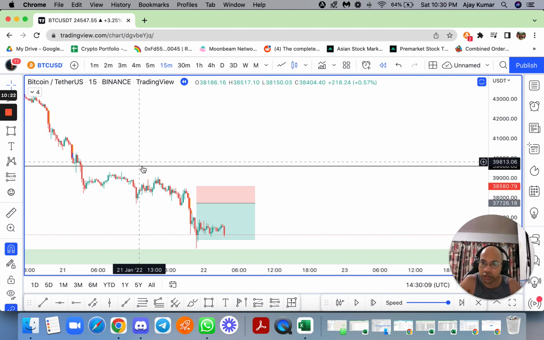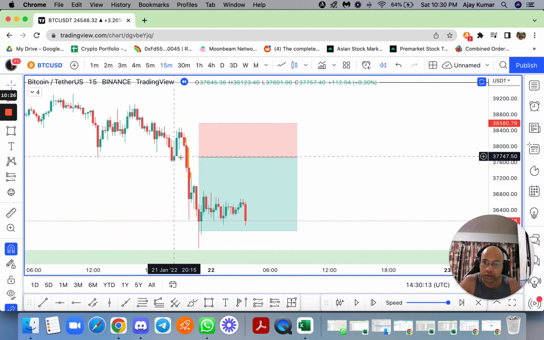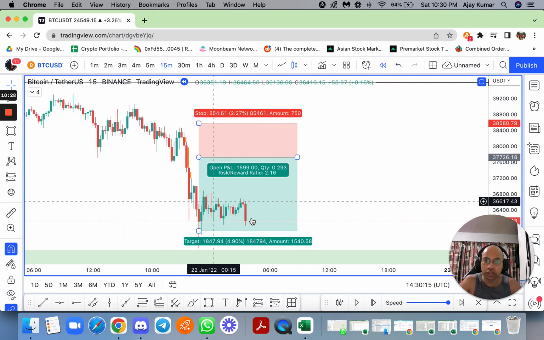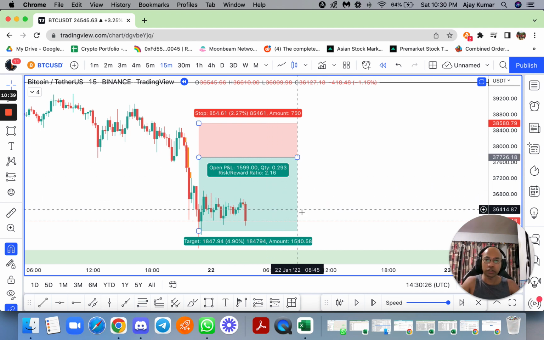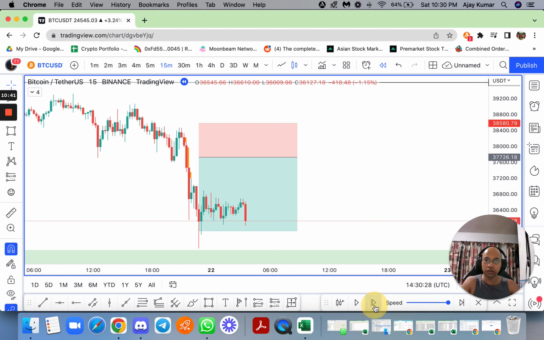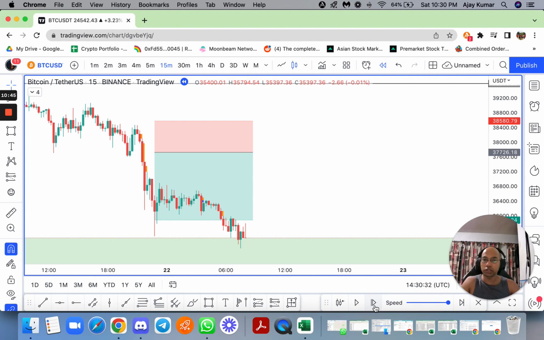Can you see that there's a fair value gap here? There's a fair value gap here. Since price left without us, I'm expecting price to come back up and then react a little bit. Even if it reacts a little bit, I'm going to take profits. Okay, let's do that. So this play is not exactly our strategy.